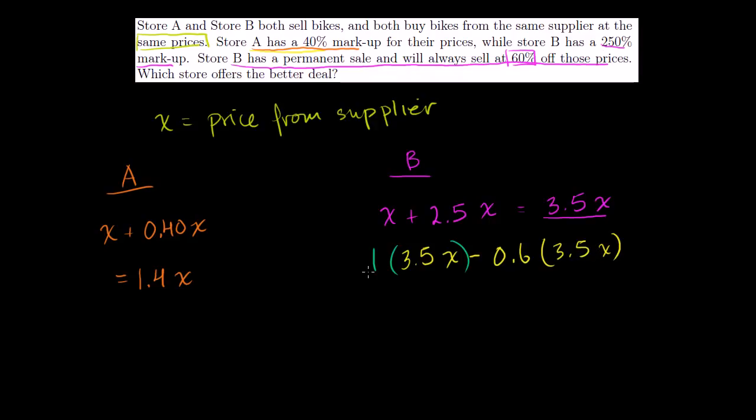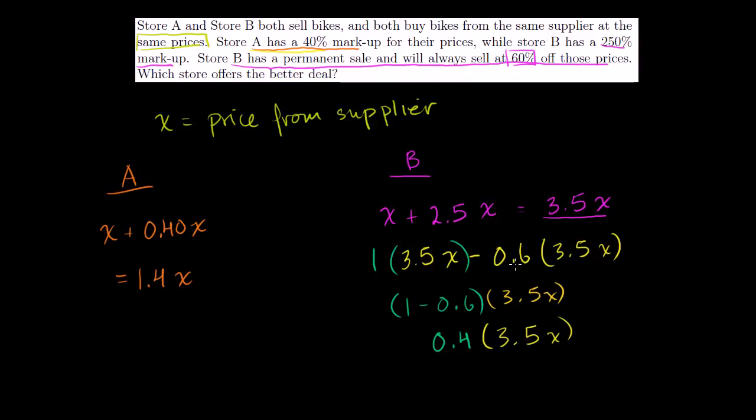And that's the same thing as 1 minus 0.6 times 3.5x. This is going to be 0.4. So if you're taking 60% off, it's equivalent of selling it at 40% of the ticket price. That's what we're doing right there. You might eventually do this in your head. Immediately say, oh, 60% off is the same thing as selling at 40%, or selling at 0.4 of the price.